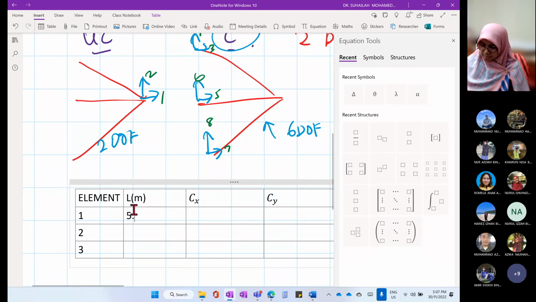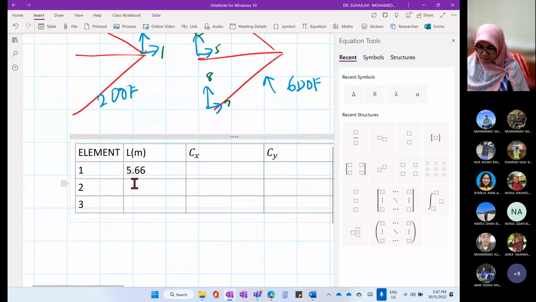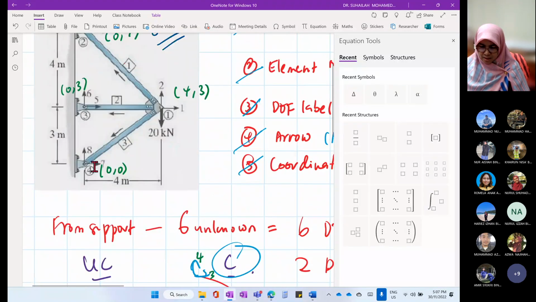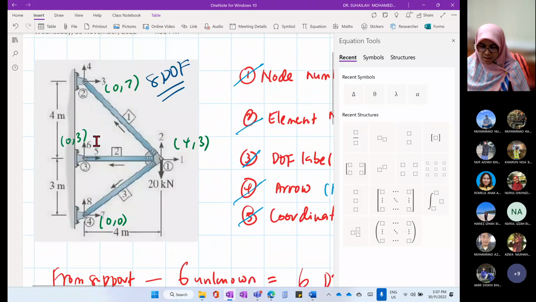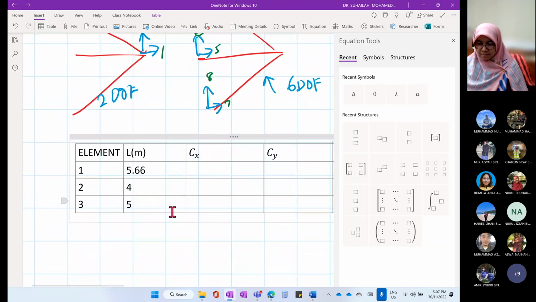Okay, 5.66. Element number 2 is 4 meter. Element number 3, 3, 4, 5. So this is 5 meter.